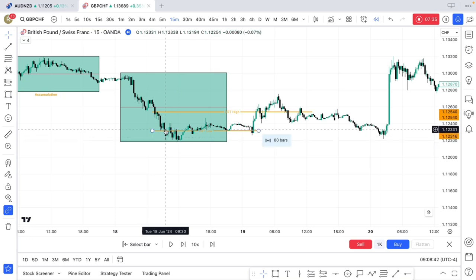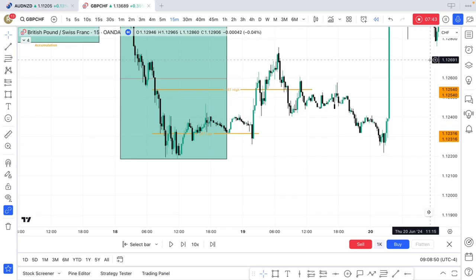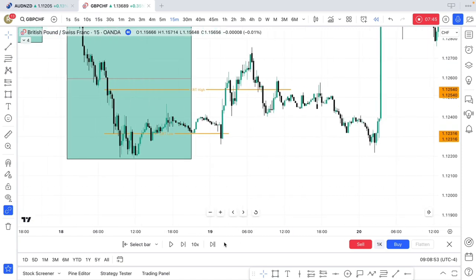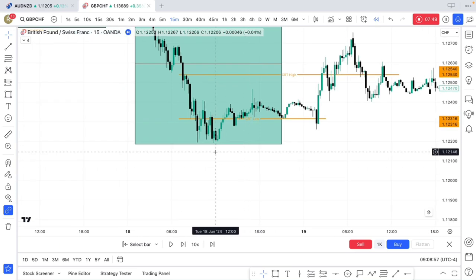This is a 9:15 candle. This candle, and observe how price behaves above this.